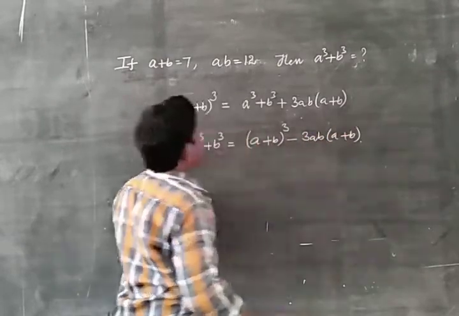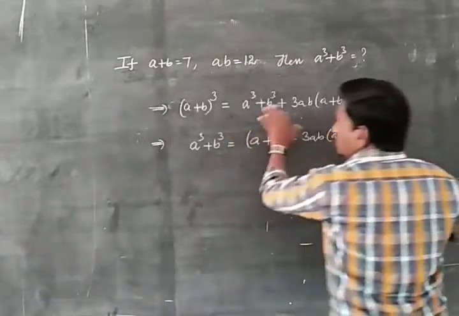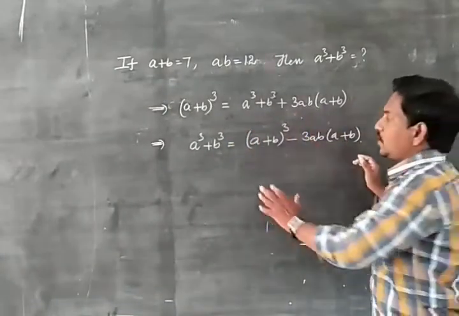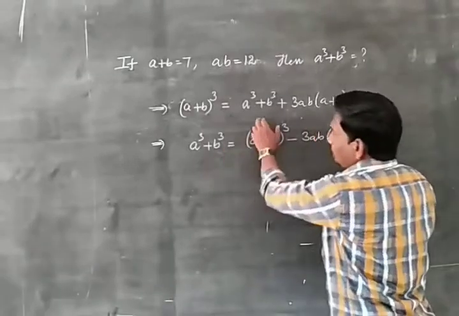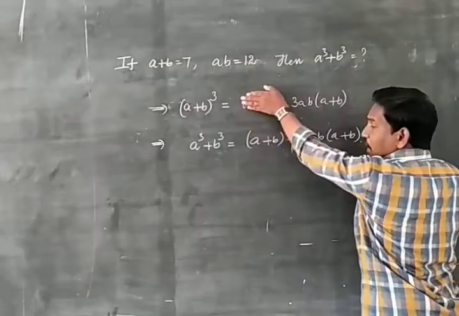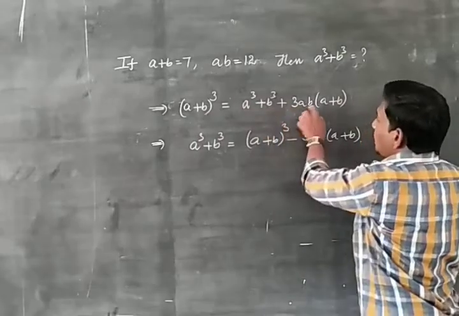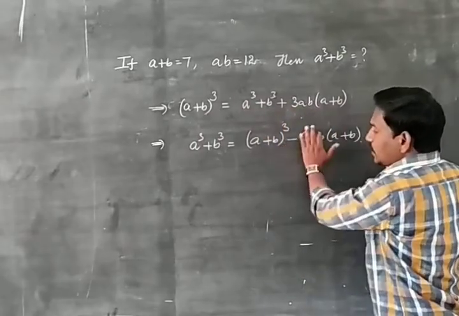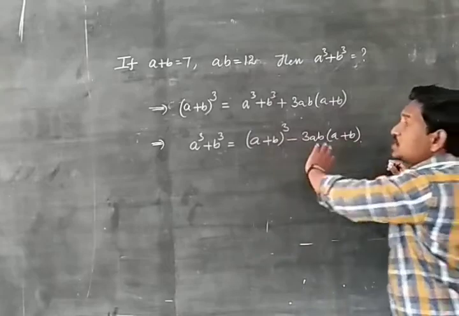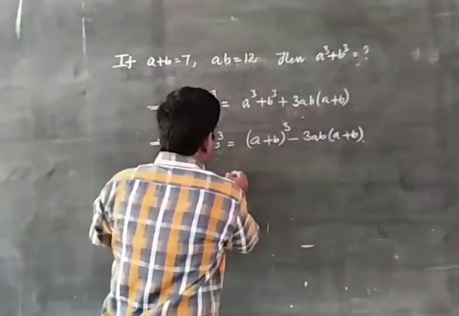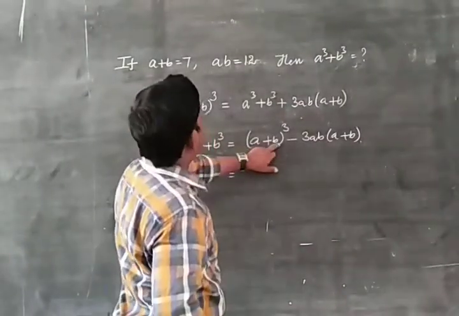Transpose as per your convenience. Plus 3ab into a plus b becomes minus 3ab into a plus b. It is transposed. Okay.